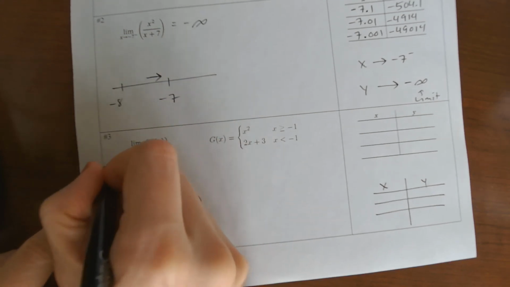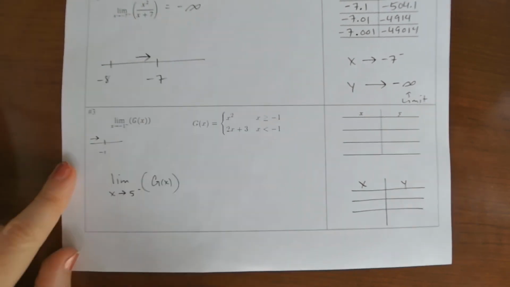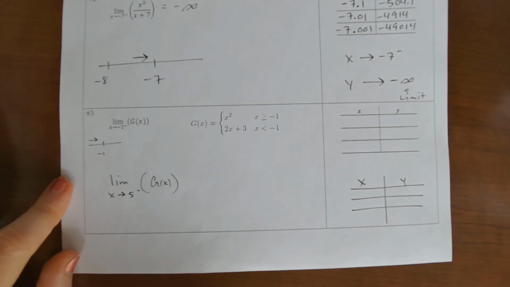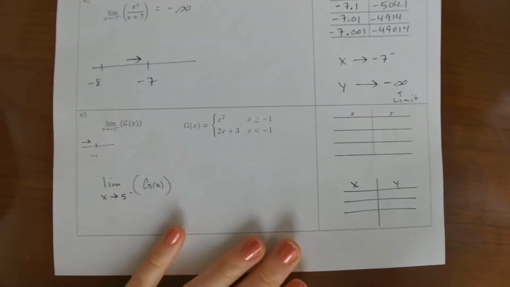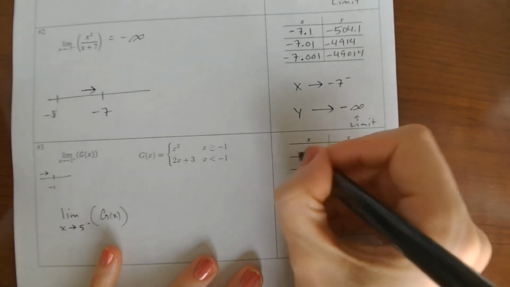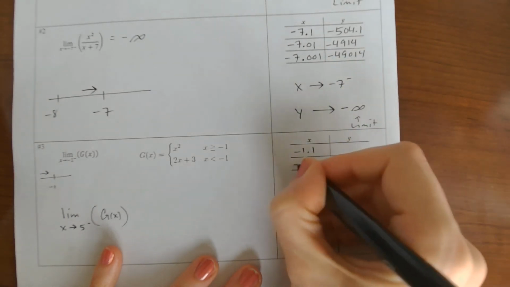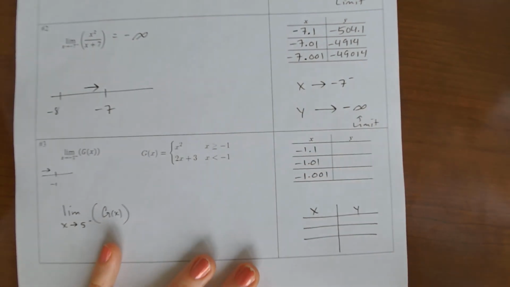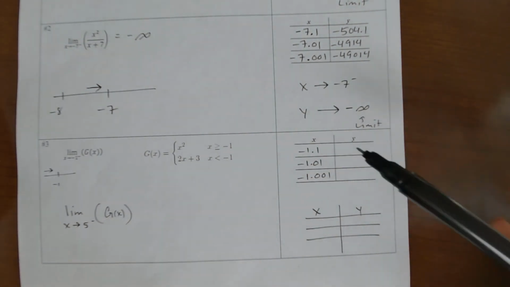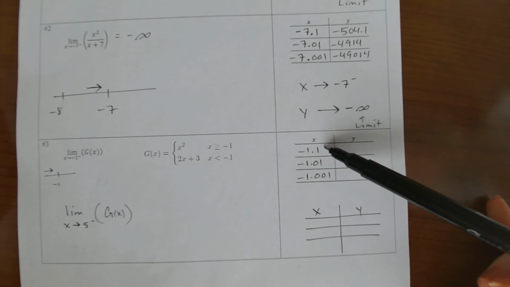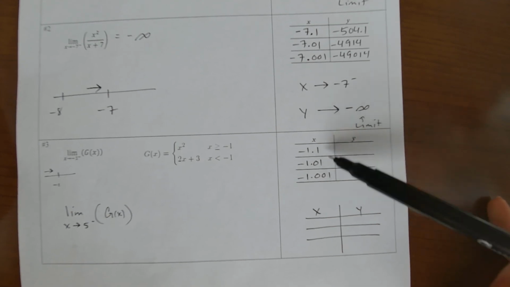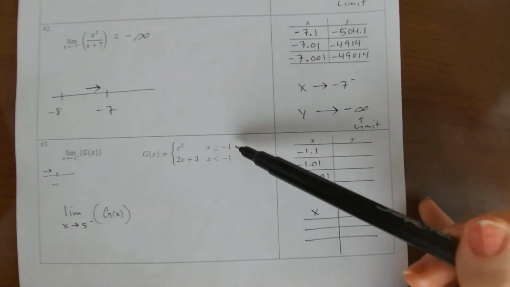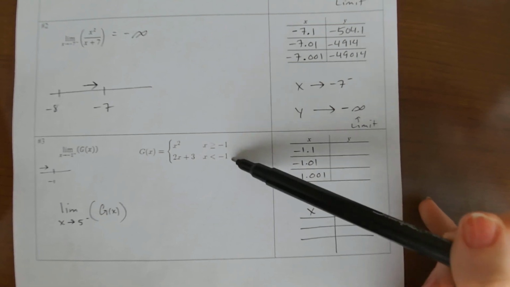For this first one, there's negative 1. I want to approach it from the left, so I'm thinking of numbers like negative 1.1, negative 1.01, negative 1.001. If I'm plugging in numbers like this, which of these two pieces am I going to be using?